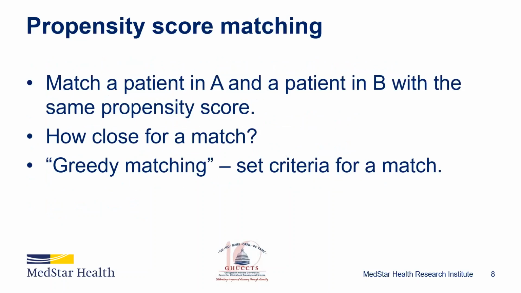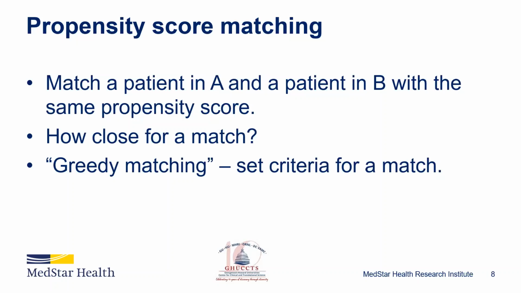So in propensity score matching, what we want to do is match a patient in group A and a patient in group B with the same propensity score. Of course, not everybody's going to have exactly the same propensity score. So the question is, how close does the propensity score have to be for us to call it a match?